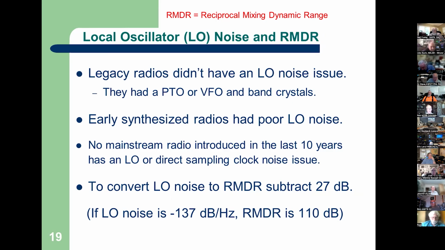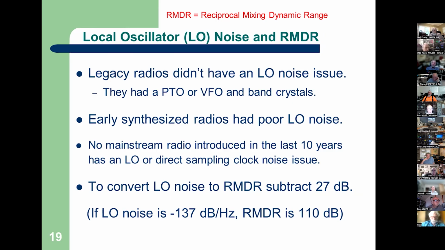When the synthesized radios came along and everybody liked them, they didn't drift, they had digital readout, but they had terrible noise. So that's what we were stuck with for like 20 years. Matter of fact, the OEMs really getting that fixed was only in the last 5 years, approximately. And certainly in the last 10 years, there hasn't been a really big problem with LO noise.